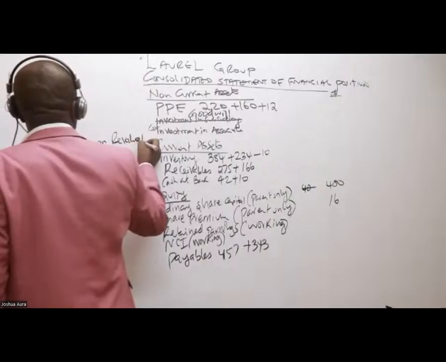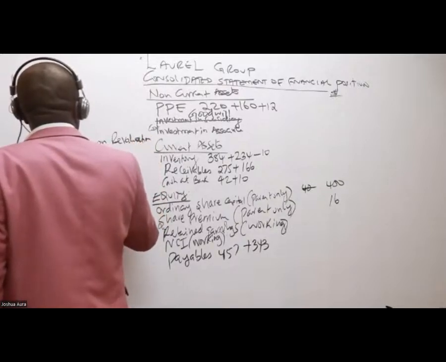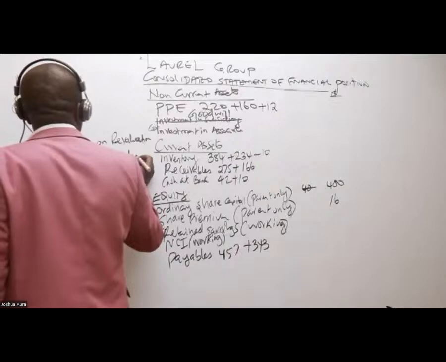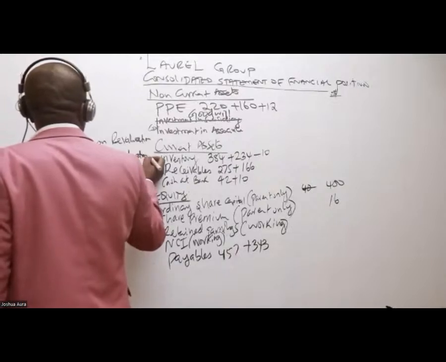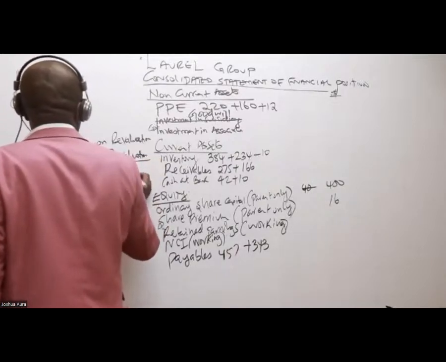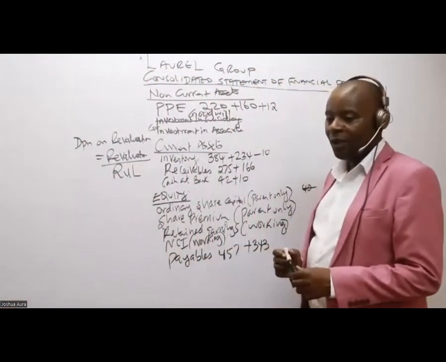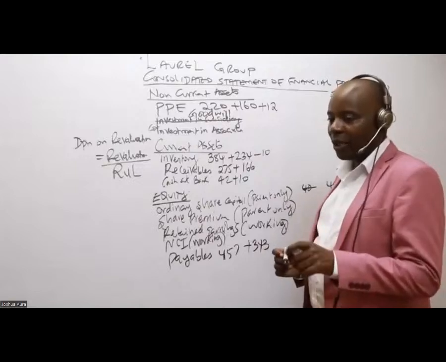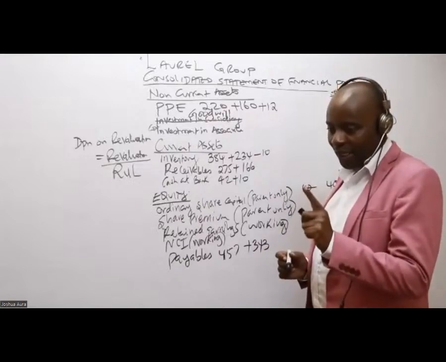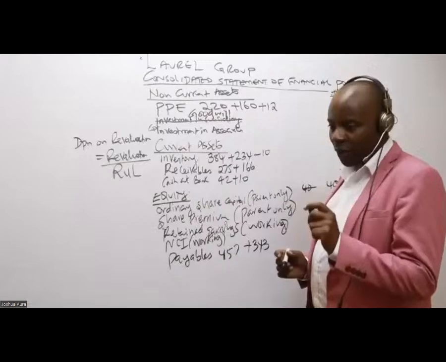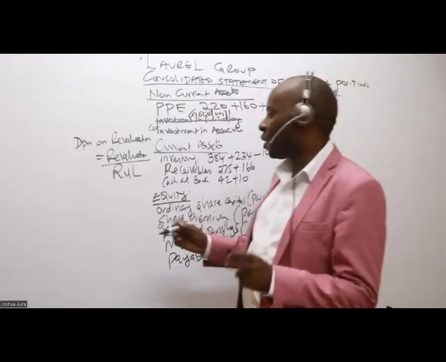This is very easy, because what I'll do is take the revalued amount and divide by RULE, where RULE is the remaining useful life. So you take the revaluation over the remaining useful life.